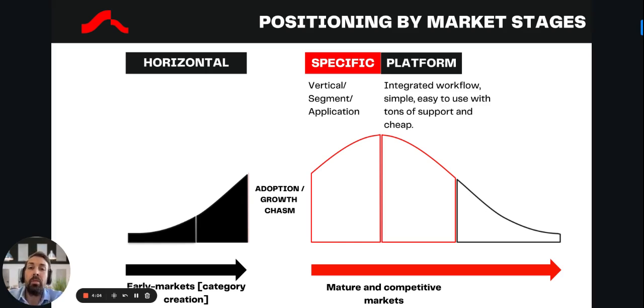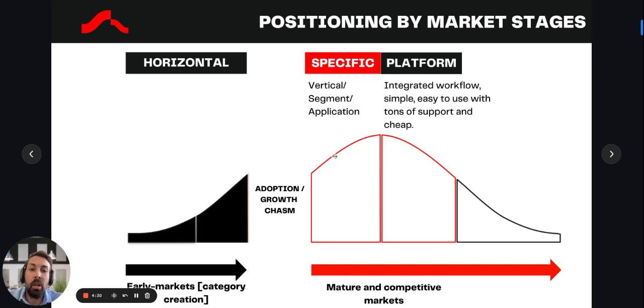So what that means is we're trying to help you build a forward-thinking strategy. So thinking about verticals, segments, applications that you can target as soon as possible because you solve a problem really well for them. That way you can become adopted by the mainstream early enough, right? What does platform mean?